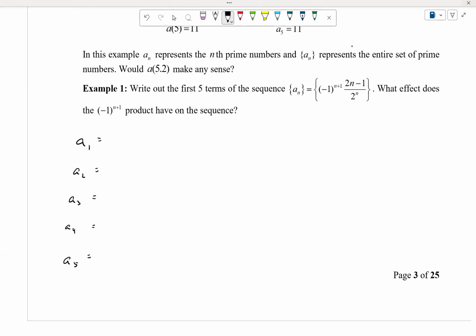So make sure you're making sense of it. Does it make sense what to do with that a sub 1? If you and your partner aren't sure, you have other people around you.